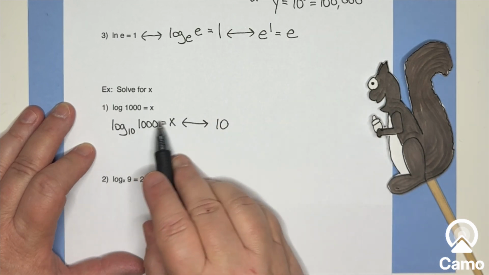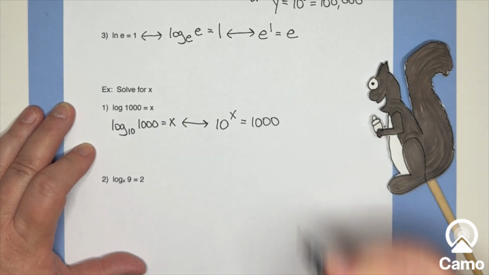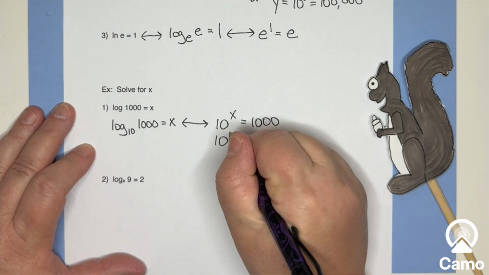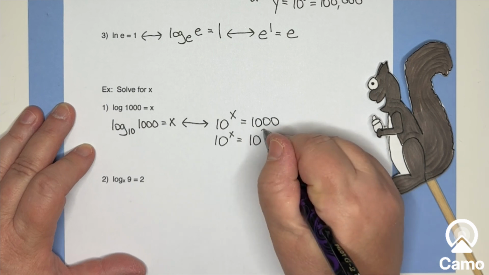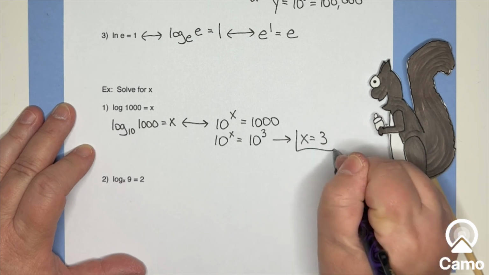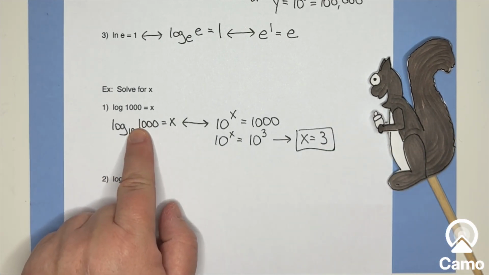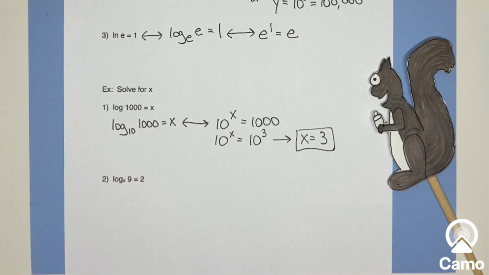I start with the base, I go across, 10 to the x power equals 1,000. So what is that power? And I'm reminded that 1,000 is 10 cubed, which tells me that x equals 3. So I took it from logarithmic form, I wrote it in exponential form, and then I had to remember how many 10s multiplied together gives me 1,000. And the answer is 3.